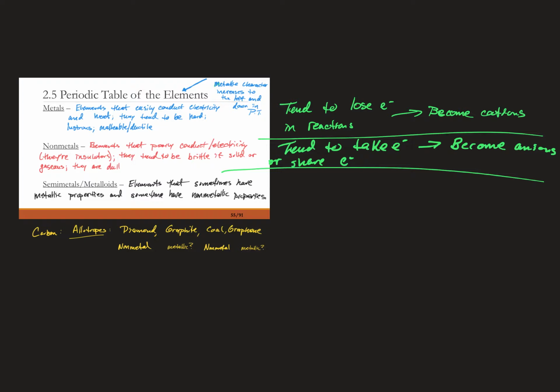Whereas metals don't often share electrons, they just give them up. And then semi-metals would, again, be in the middle. So I'm not going to add anything there. Carbon will most likely share electrons like nonmetals tend to do.